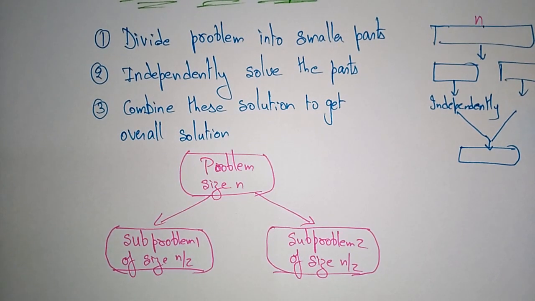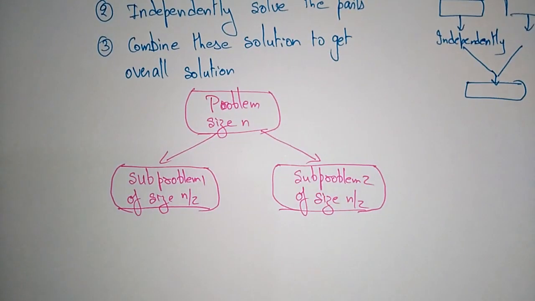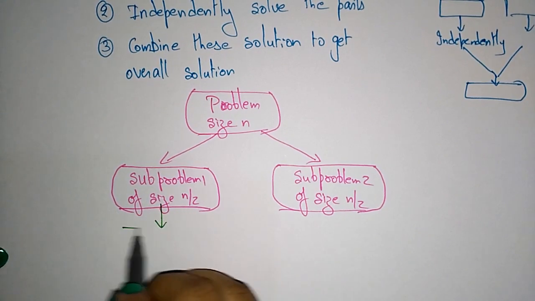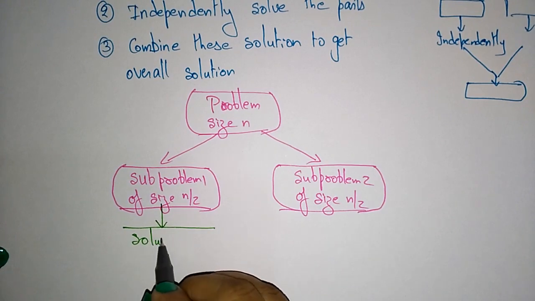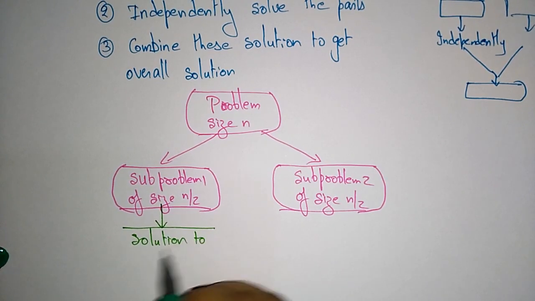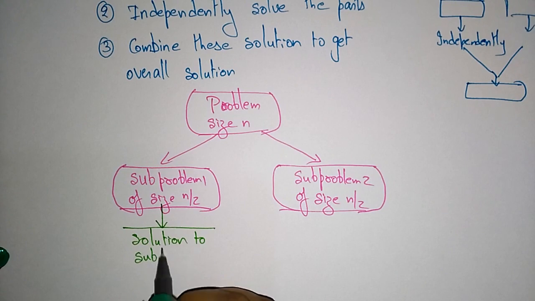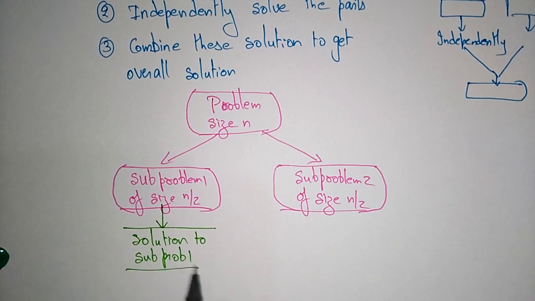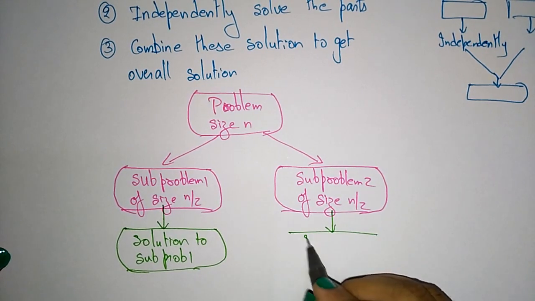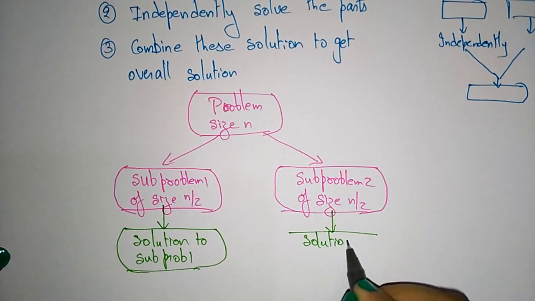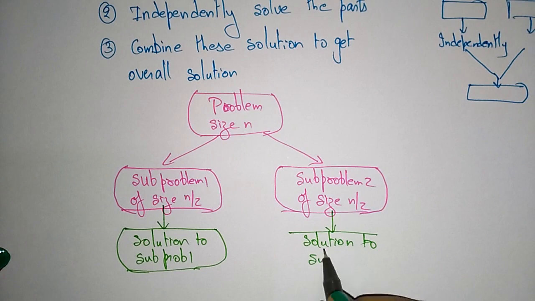Now after dividing the problem, what do we have to do? We have to solve those problems. Now solve it. After solving, you will get the solution to sub problem 1. For this also, after solving, I get the solution to sub problem 2.